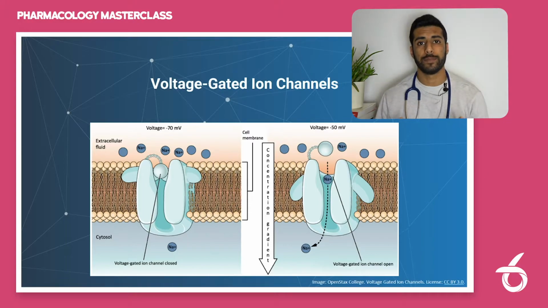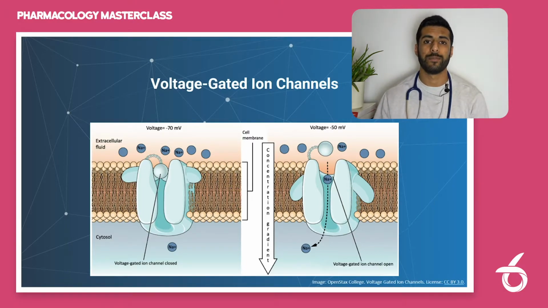So at a particular voltage we have some sort of initiation, some sort of stimulus, and that's going to cause these voltage-gated ion channels to become active. You'll get movement of positive ions, in this case sodium, into the cell. That's going to make it more positive, and therefore the cell is going to begin to depolarize.